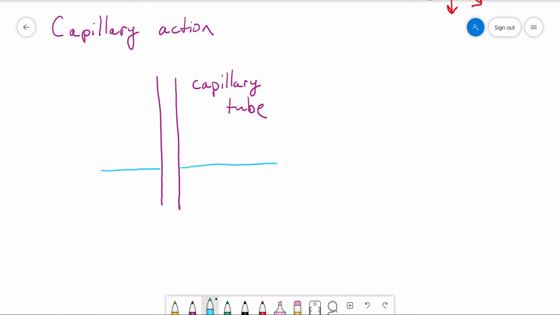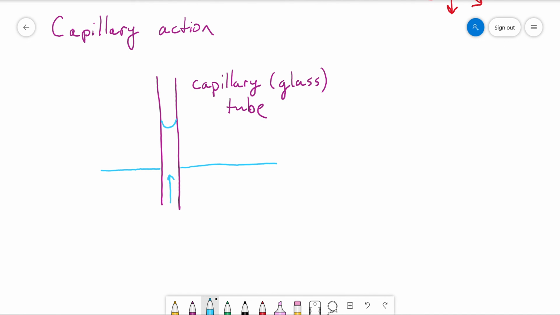What happens is that the glass and the water are attracted to each other. So the water actually tries to climb up the glass, and we get that meniscus that we're all so familiar with from all of our glassware.